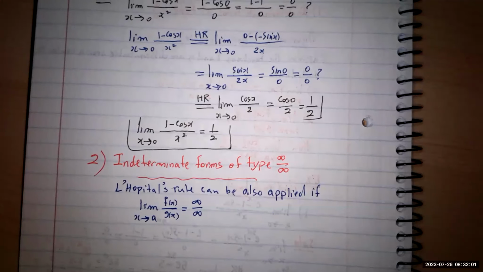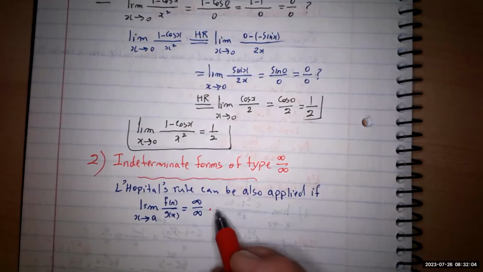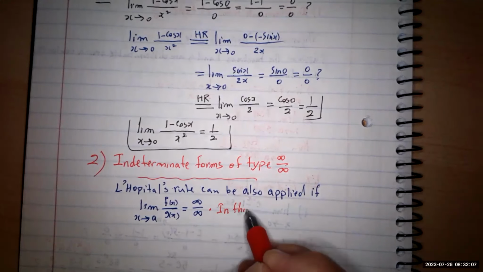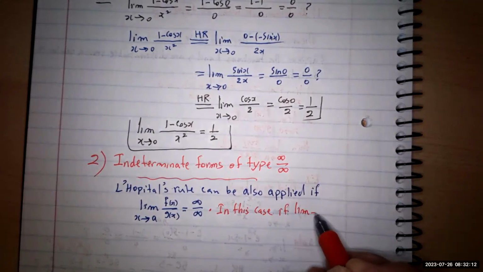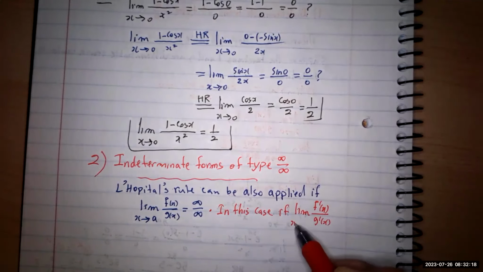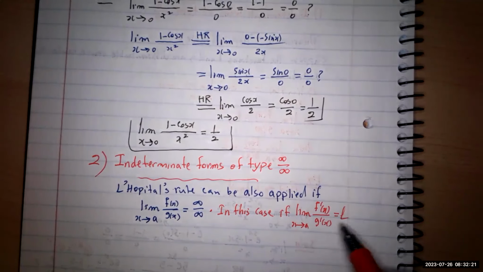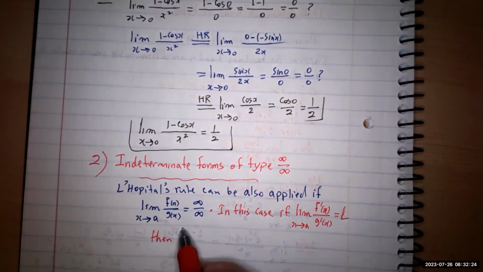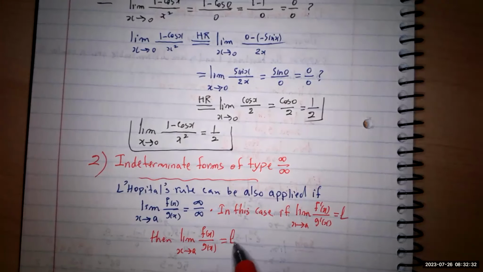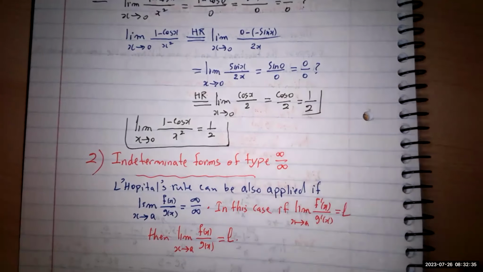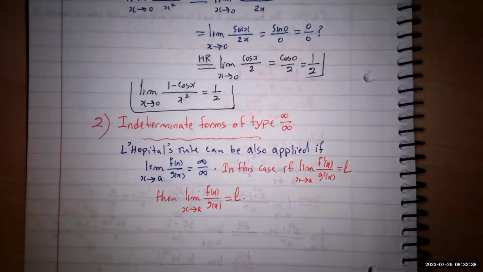In this case, if the limit of the derivatives, f prime of x over g prime of x as x goes to a, is equal to L, then the original limit, f of x over g of x as x goes to a, is also equal to L. So that procedure that we did can be applied in both cases.